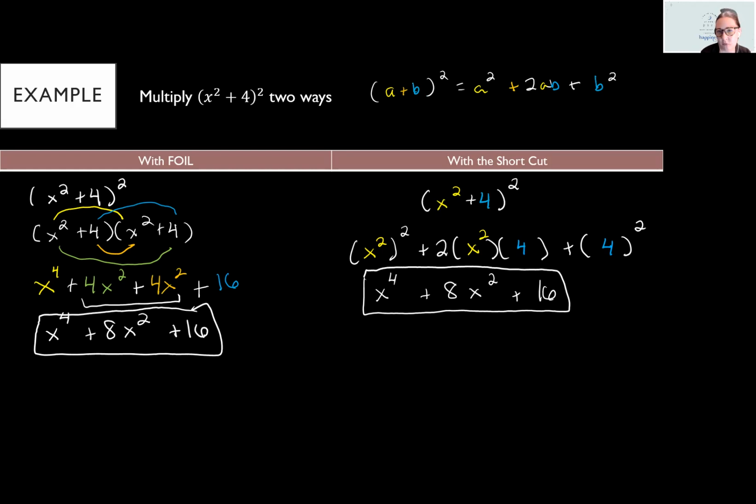Okay, maybe I won't do a poll. You can just type in the chat. Looking at the example that we have right here, do you prefer doing it with FOIL or do you prefer doing the shortcut? I'm just curious where people fall in this. You can just type it in the chat because to get a poll, it's going to be more work than I care to do.